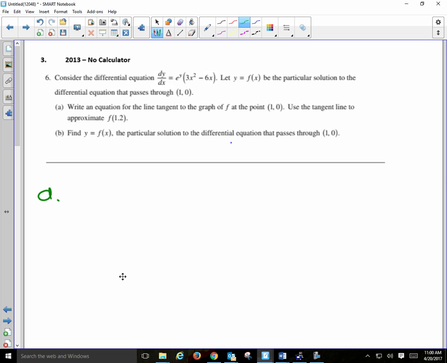Where do I start with A? Slope and a point on the line. Okay, what's my point on my line? 1, 0. How do I determine my slope? Use the derivative. So I will take e to the 0.